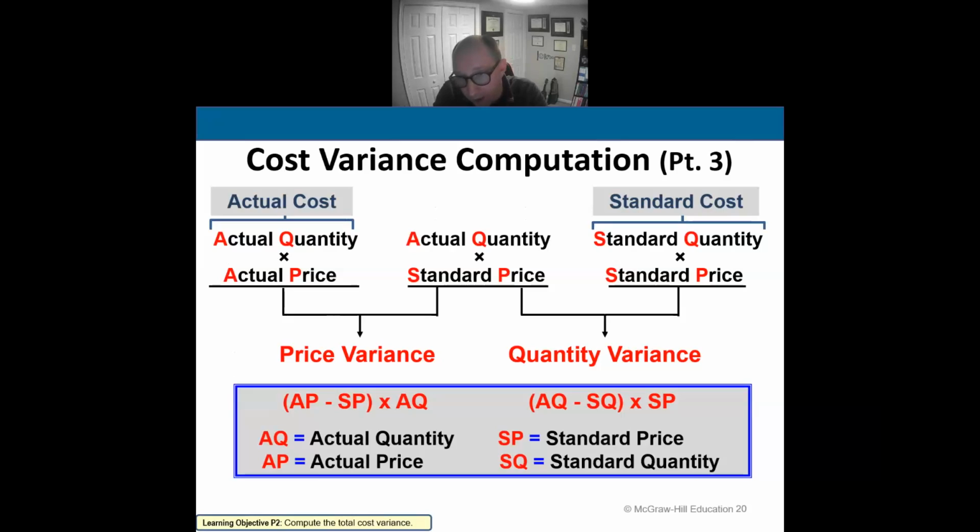To simplify the formulas, for price variance, we take the actual price minus the standard price. Do that first. Remember the parentheses. Actual price minus the standard price times the actual quantity. That will give you the price variance.